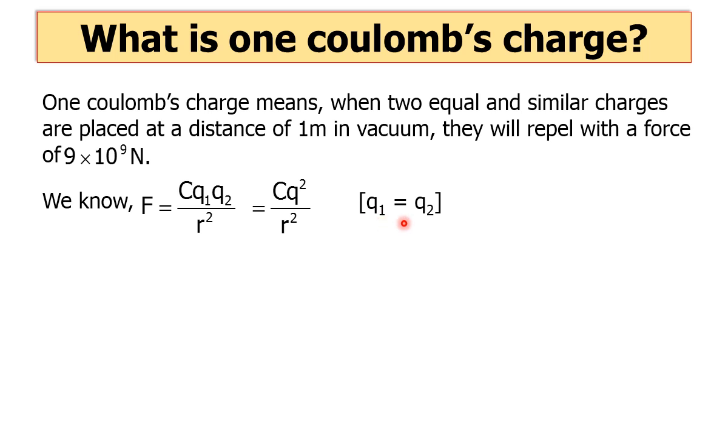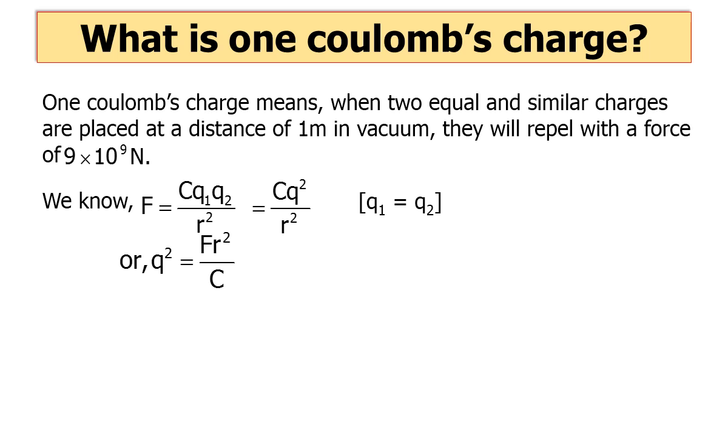Here Q1 and Q2 are equal, the amount of charge is equal, so we can write Q1 equal to Q2, and if we put Q1 equals to Q in the equation, then we can write C Q into Q divided by R square, and the multiplication of the same quantity we can write as square, so the equation of Coulomb force becomes C Q square by R square.